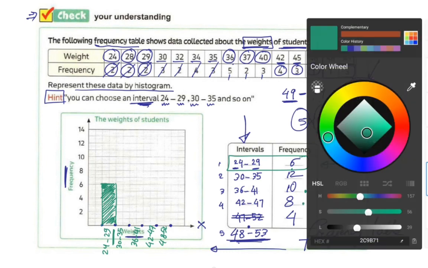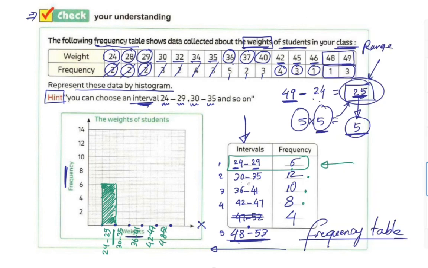Next interval, 30 to 35. We have 12 frequency. Where is 12? 12 is here. Use your ruler, close this rectangle and hatch it.